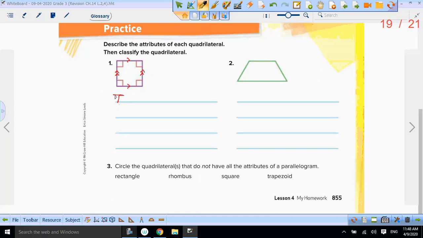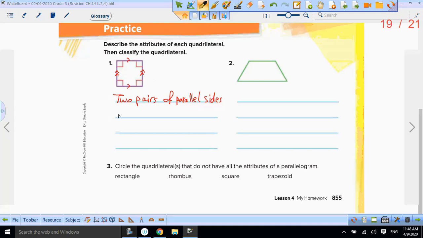So we have two pairs of parallel sides. For equal side lengths, the same two pairs are equal in length, and also the four sides, not only the opposite sides.